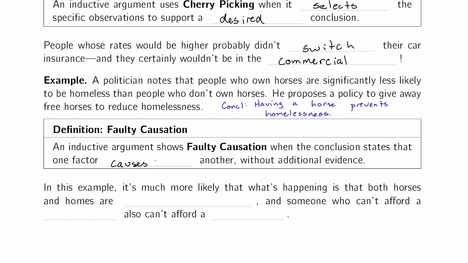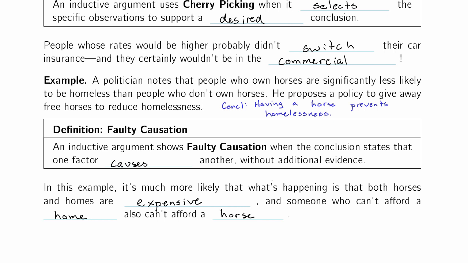In this example, probably what's going on is that horses are expensive and homes are expensive. And if you can't afford a home, you probably also can't afford a horse. Giving you a horse, making it easier for you to afford a horse, won't actually make it easier for you to afford a home. So that's not going to help with the homelessness.